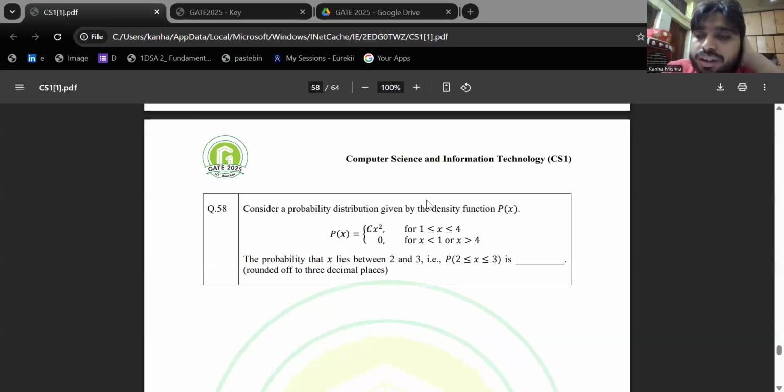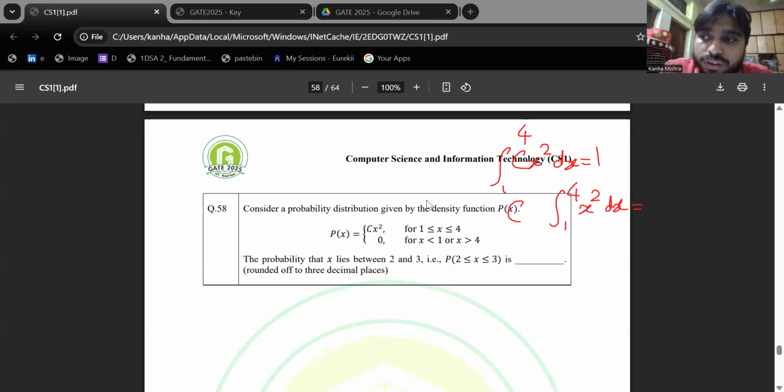So find the constant. As per the question, the integral from 1 to 4 of cx square dx should be equal to 1, and c will come out. So c times the integral from 1 to 4 of x square dx. The integral of x to the power n is x to the power n plus 1 upon n plus 1.